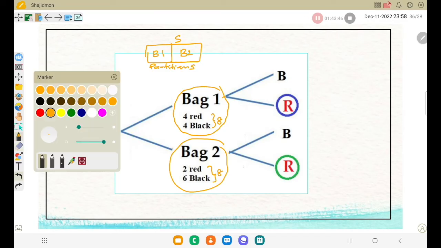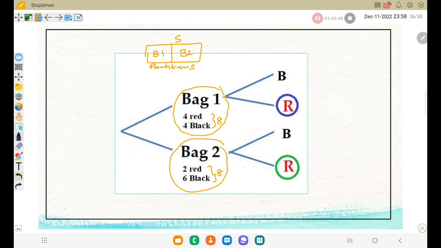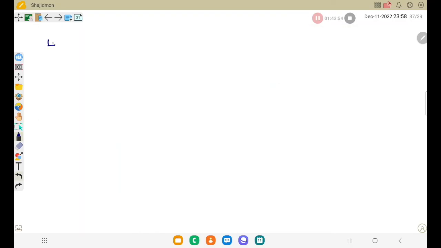Now the partition, as I told you, is bag number 1 and bag number 2, correct? So we can write the events first. E1, what is the event E1? The event of choosing bag number 1.